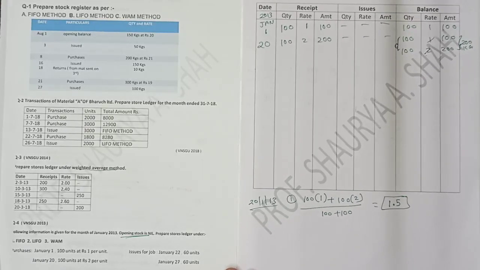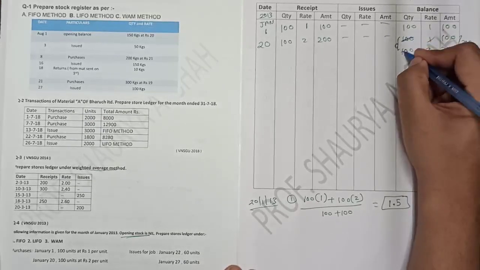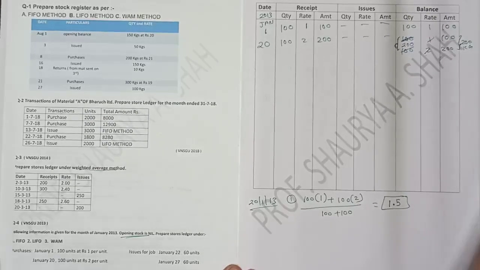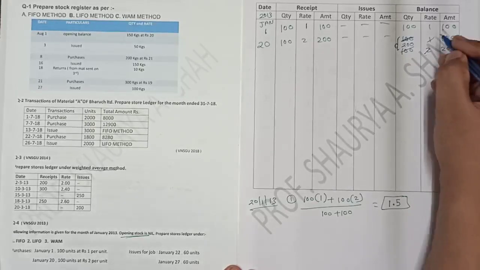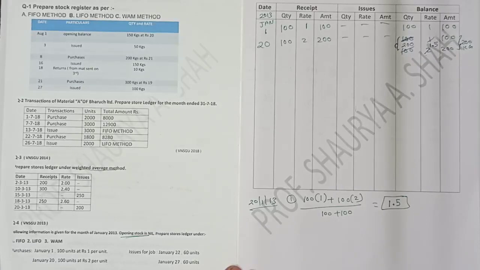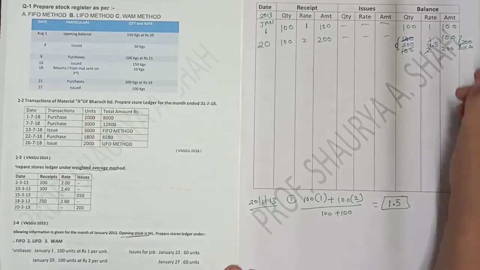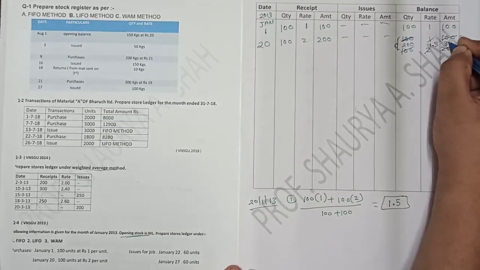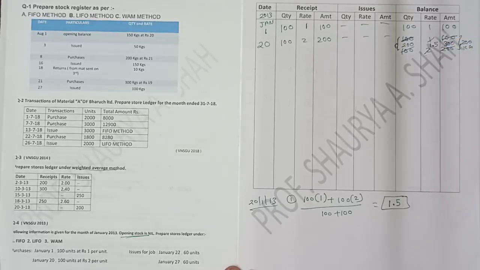So 1.5. So what I need to do, students, is cancel all this. You just need to write down the total, that is 200. Here you need to write down 1.5, right? So 200 into 1.5 gives me the total amount of 300, right? So 300 is your final answer, right?